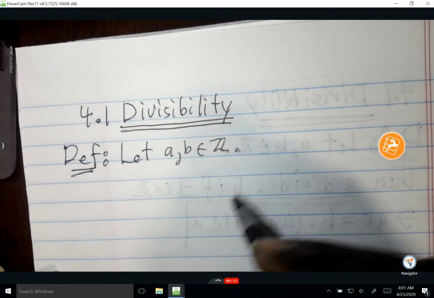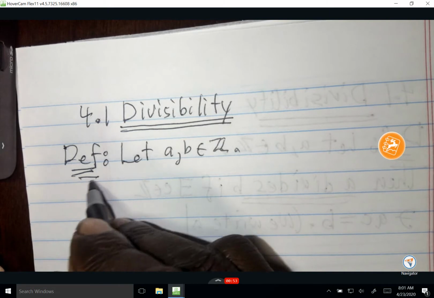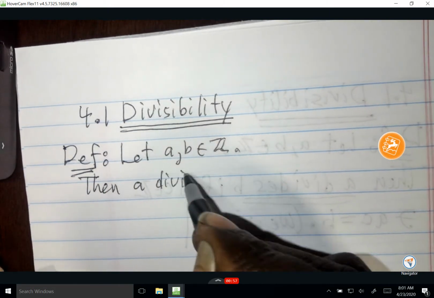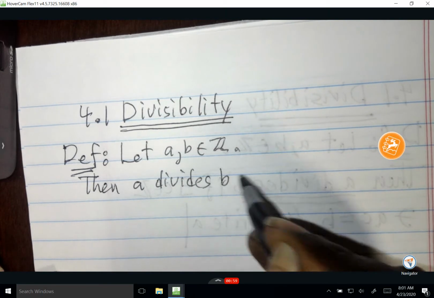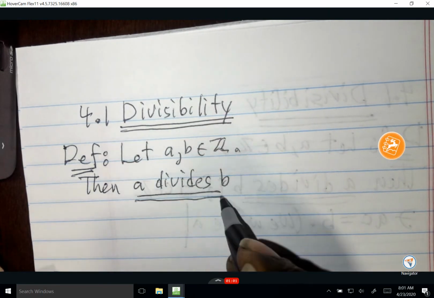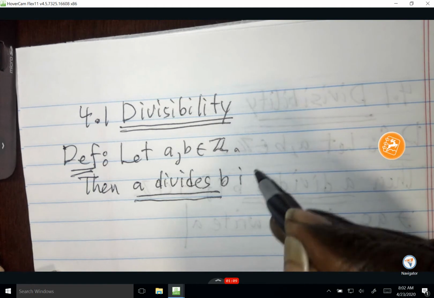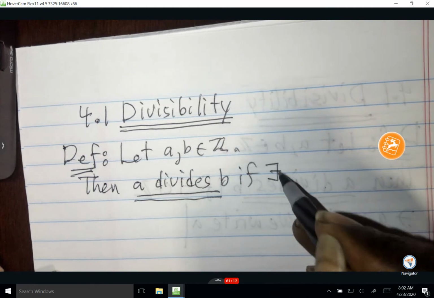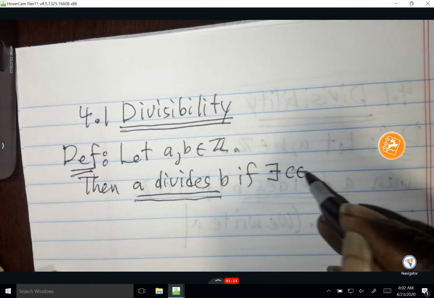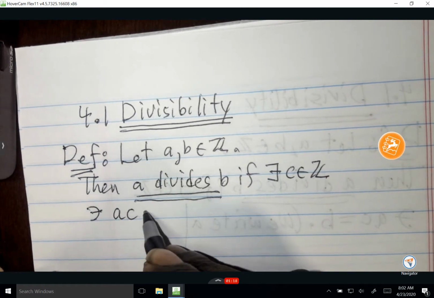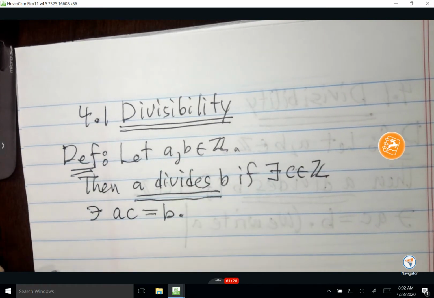Then A divides B if B is a multiple of A. In other words, if there's another integer that multiplies A to B. If there exists another integer, say C, such that AC is B.